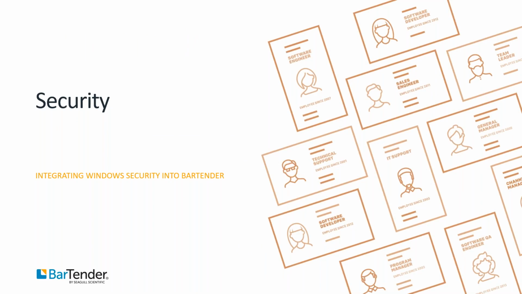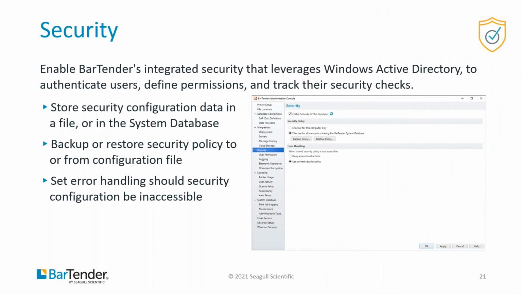So now let's take a look at security, which I mentioned a moment ago, and how we're integrating Windows security into the BarTender software. Again, in the administration console, under the security section, the user would enable security for this computer. When they tick that checkbox, they have the choice of where they wish to store the security policy.